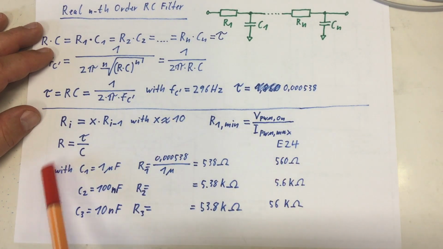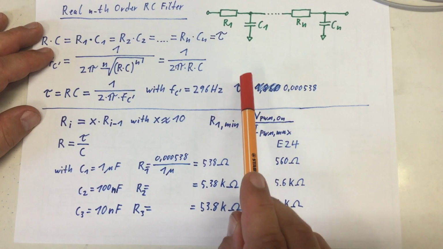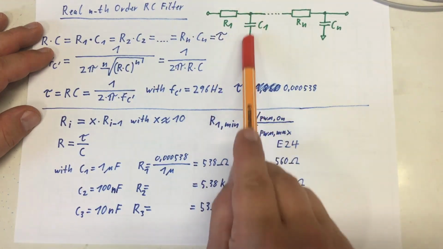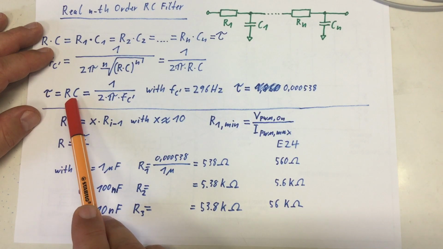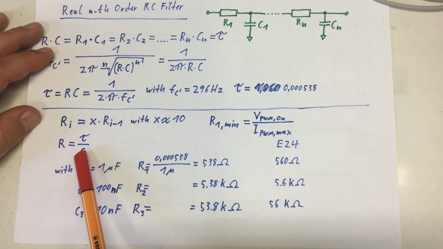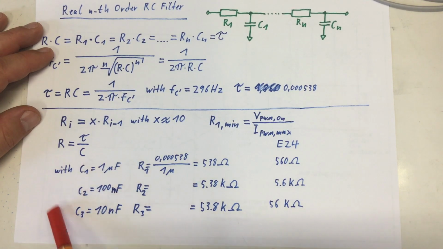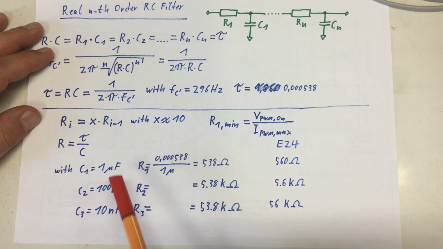So let's finally choose some capacitor and resistor values for our filter. We already calculated tau, the time constant of each RC element, and tau equals R times C, so R equals tau over C. I start with the capacitor values: C1, 1 microfarad, C2, 100 nanofarad, and C3, 10 nanofarads.